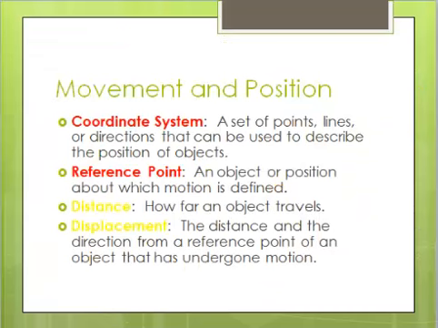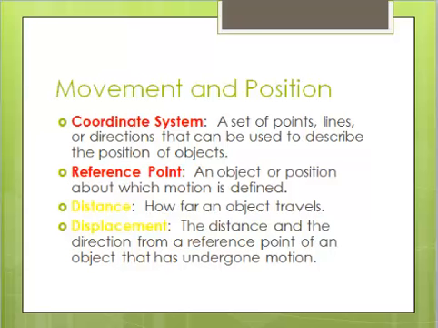Let's add in position. So let's discuss movement in relation to the position of an object. One way that we can show movement and position is by using a coordinate system. And a coordinate system is a set of points, lines, or directions that can be used to describe the position of objects.